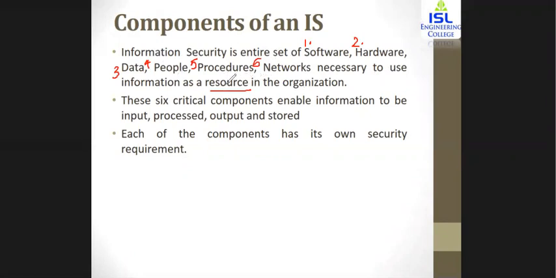So all of this forms a resource within a particular organization. Now these six are your critical components that enable information. That information can be used for giving input, or how you're going to process the information, and how this information is going to be displayed, that is output, or it needs to be stored in a particular area. It can be a disk or a magnetic tape, wherever you want to store the data.